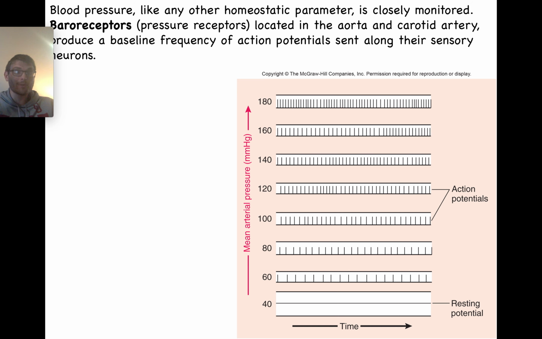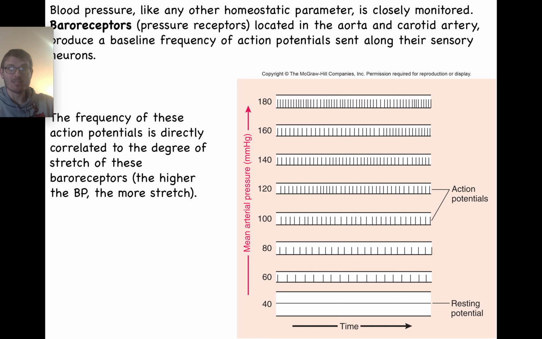Whether it's high or low blood pressure, the action potentials would just start to ramp up, and your medulla would be like, okay, I know there's something wrong, I just don't know what the problem is. Having a baseline frequency even under normal conditions means that the medulla can tell the difference between high blood pressure and low blood pressure. So it's very important to make sure that you understand that.